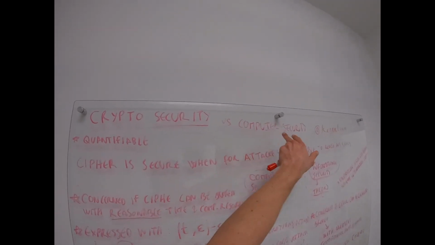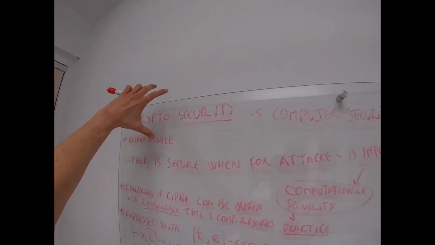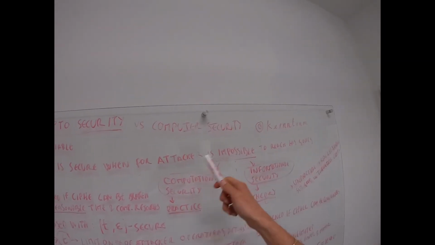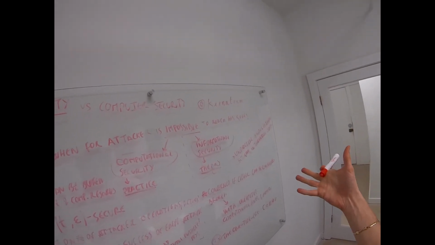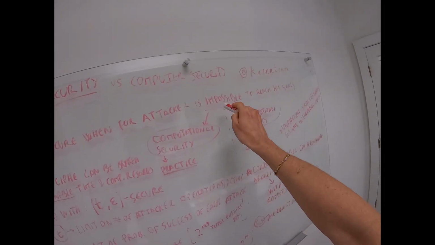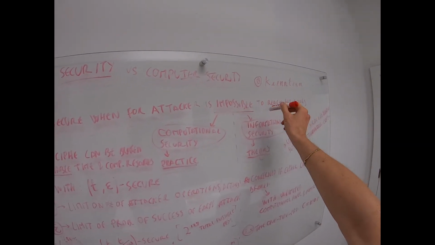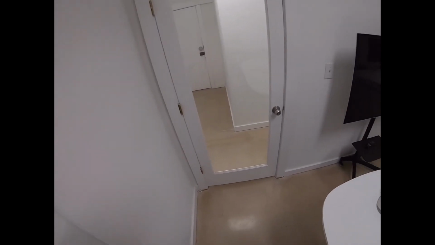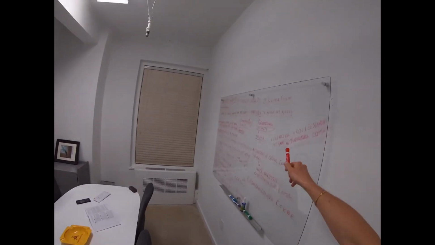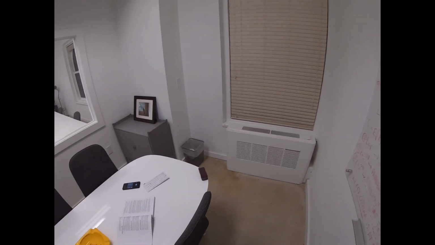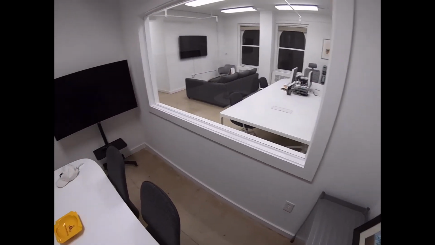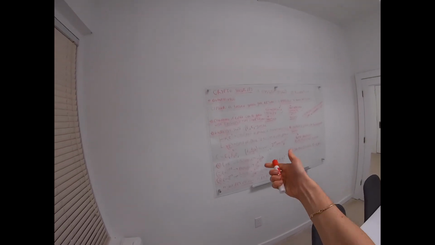Moving on from this, again, remember cryptographic security versus computer security. Cryptographic security is quantifiable, computer security is not. We talked about what it means that it's impossible for an attacker to break a cipher. What does impossible mean? We can define impossible in the context of informational and computational security. Informational: if it's even remotely possible to break a cipher, then that's what it deals with. And computational is in practice, with the equipment and computational power that a human has in real life, how safe is it.